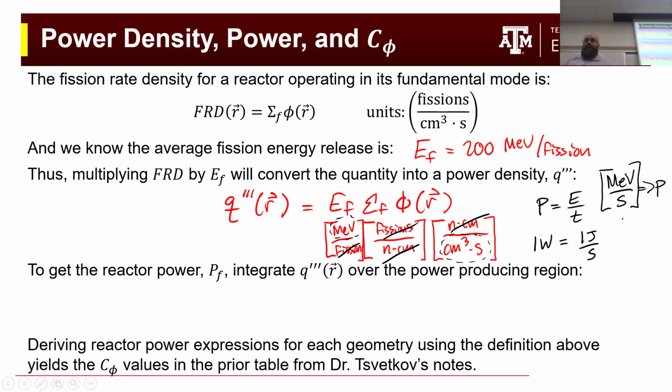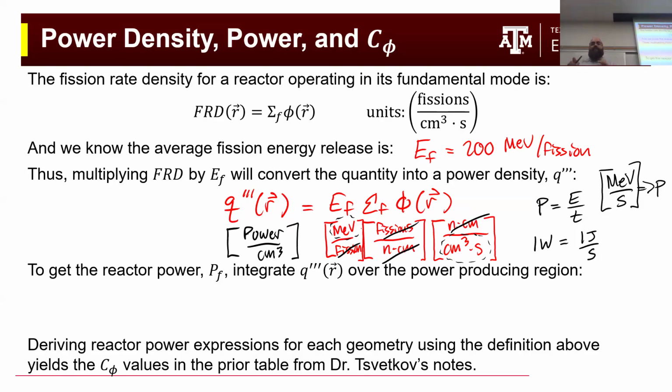Ideally, you would use a conversion factor to convert the MeV into joules, so that you would have the power in joules per second, which would be watts. But in general, this works out to give us a quantity that has units of power per unit volume, and power per unit volume is what makes it a power density. So this right here is our expression for the power density.